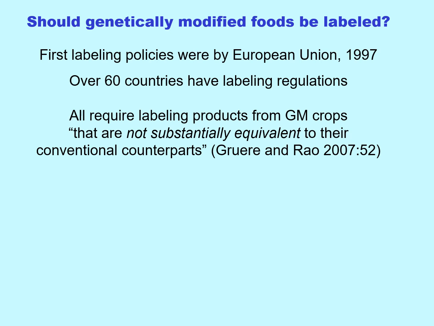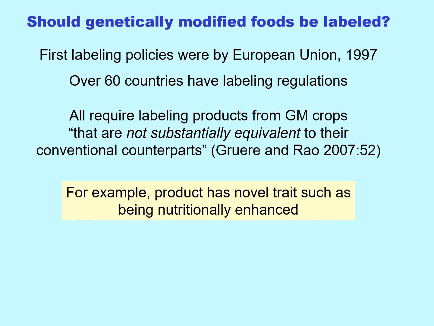And all countries require labeling products from genetically modified crops that are not substantially equivalent to their conventional counterparts. Now, the key here is the phrase not substantially equivalent, and what is meant by that. For example, if the product has a novel trait, such as being nutritionally enhanced, for example, golden rice, which carries more vitamin.